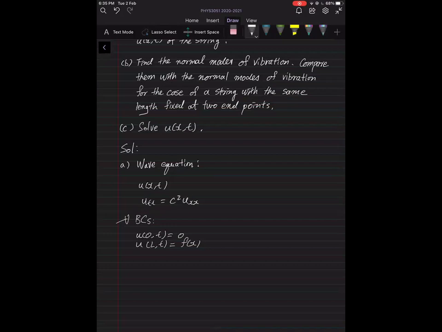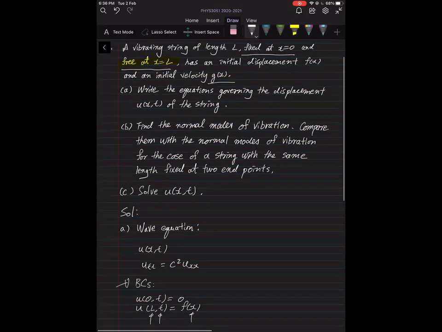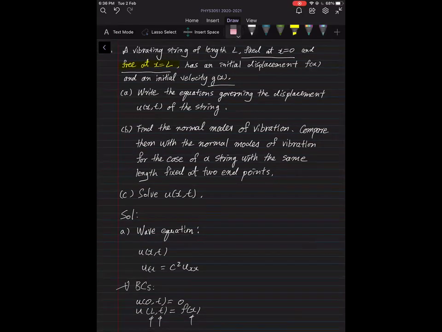The very first thing is you should recognize you have the x here, but the x here is a fixed value, so it can simply be L. So it's a function of t, but here you have a function of x. And for the other boundary condition, it is about the other end being free, which means it does not have any external force on it.